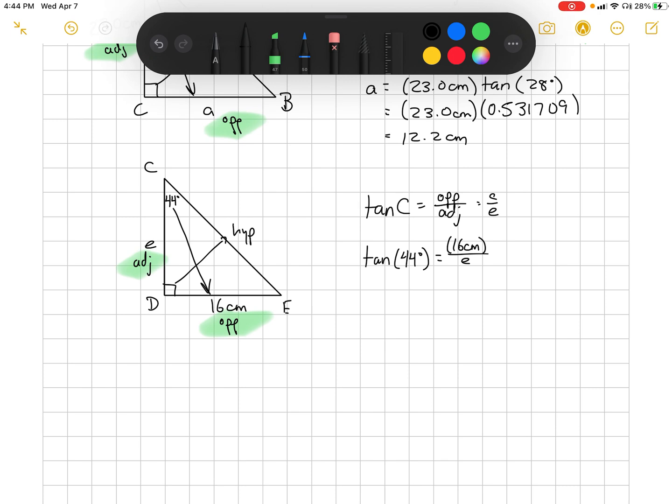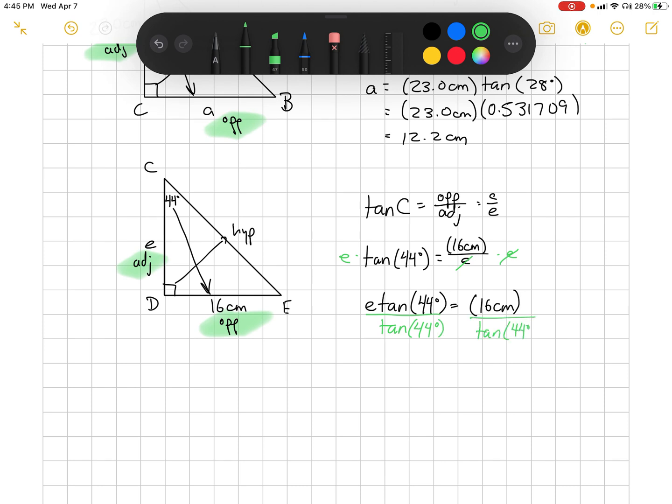And if you notice this time, our E is on the bottom. Remember, we don't like having unknowns on the bottom of the fraction. So we got to get it up onto the top of the fraction. To do that, multiply both sides by e. In this case, the e and the e will cancel, and you get e tan of 44 degrees equal to 16 centimeters. Now to get the e by itself, we have to divide both sides by tan of 44 degrees. Just keep the tan 44 all together.